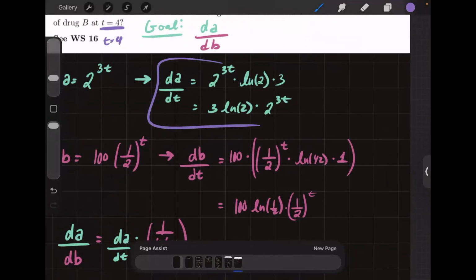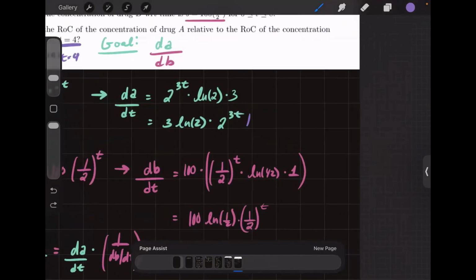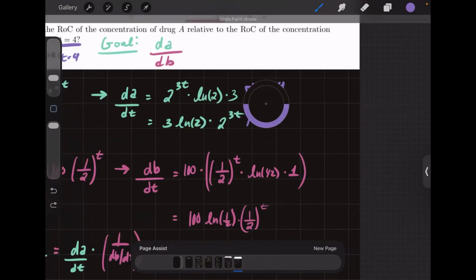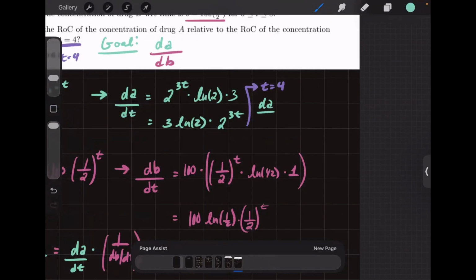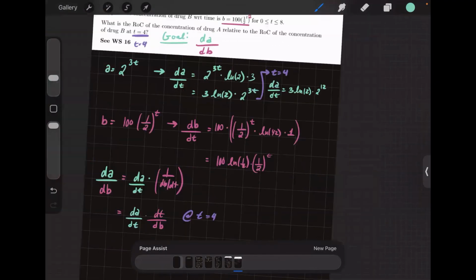This is the dA/dt, right? So when t equals 4, dA/dt is equal to, well, you plug 4 in. This is just a function, right? Plug 4 into here. That gives you 3 ln 2 times 2 to the 4 times 3, which is 12, right?